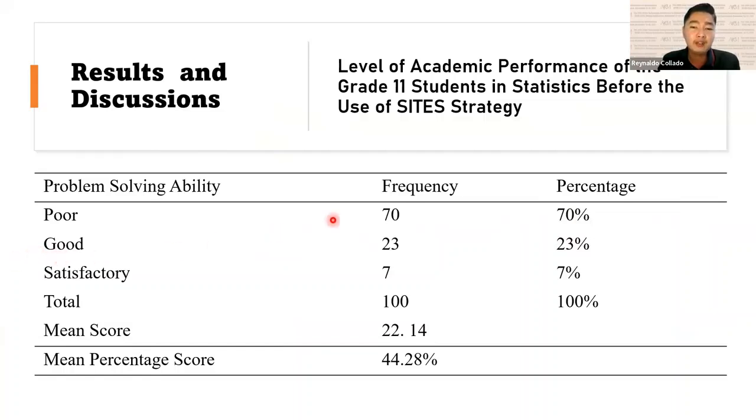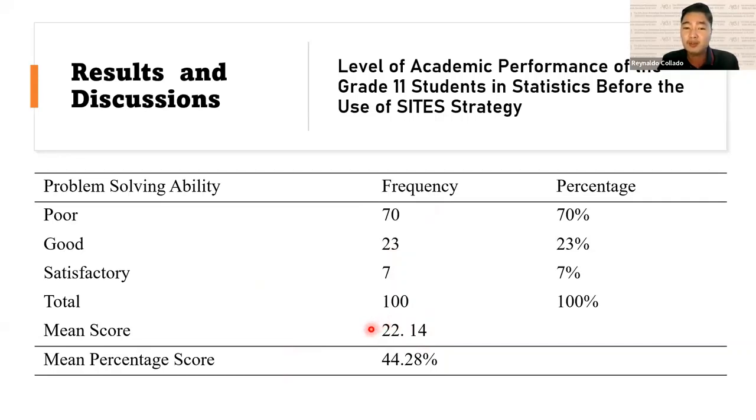Then for good level, that is 23%, and only 7% are under the satisfactory level, which provides me the need to conduct a strategy that would somehow upscale the performance of these 70 or even these 23 students, and perhaps they could transfer into a higher level as compared to before. Now, the mean score for the test is 22.14.